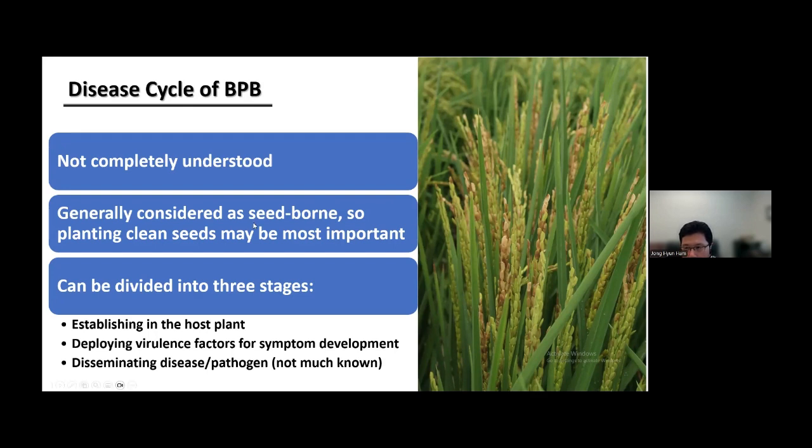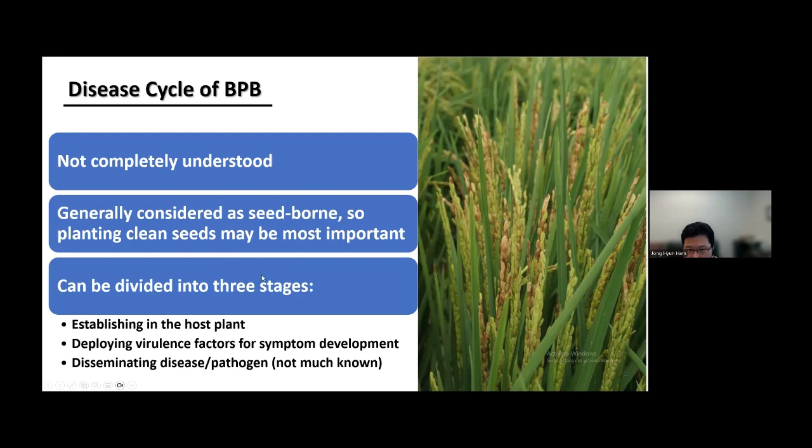Our guess is that this is probably a seed-borne disease, so the pathogen is present in the seed, and planting clean seeds may improve disease management, but we are still not clear about that.